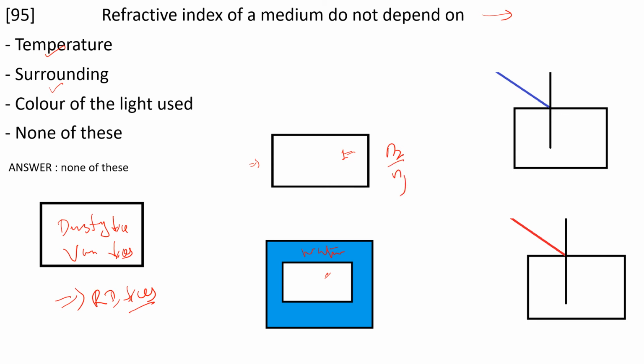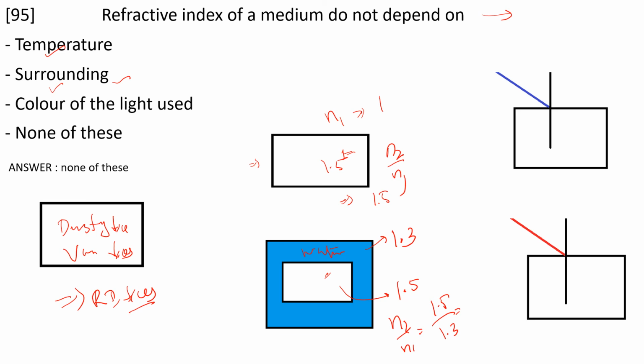Here N1 is 1 and N2 is 1.5, so the refractive index of the material is 1.5. In the water case, water has a refractive index of 1.3 and the glass slab 1.5, so N2 by N1 is 1.5 by 1.3. Again the refractive index differs, so the surrounding also affects the refractive index of the medium.